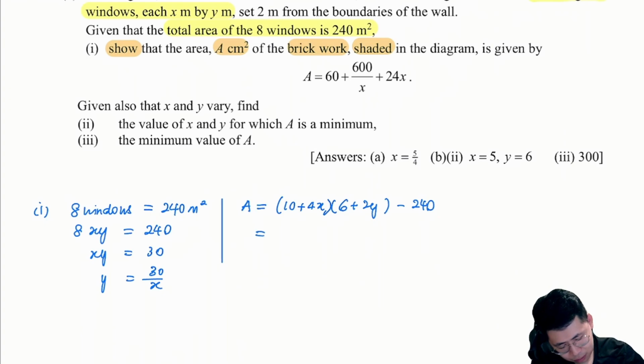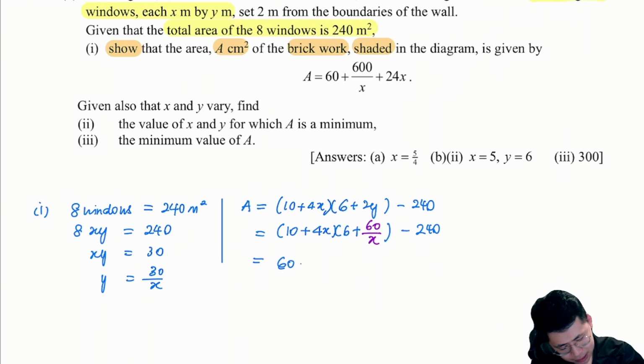So over here, I'm just going to replace y with this first. So 6 plus 2y, 2 times this is going to be 60 over x. At the back, minus 240. So let me expand now.